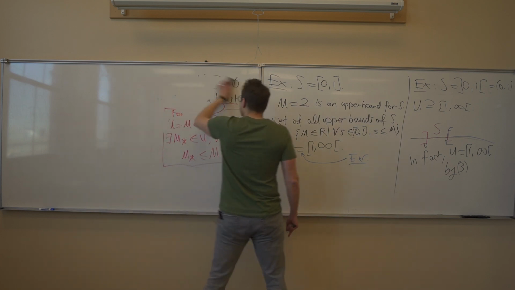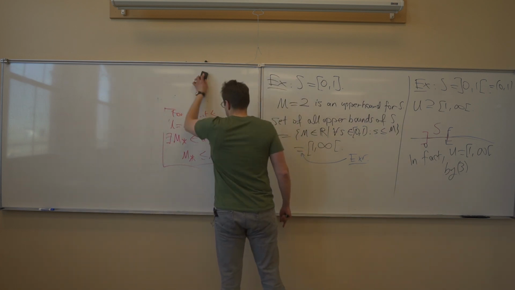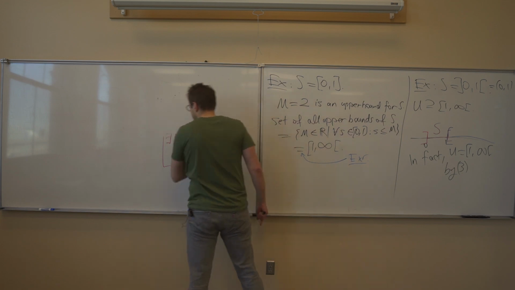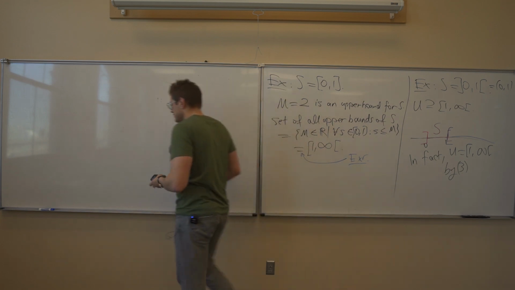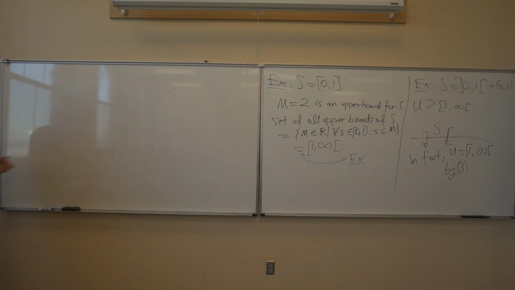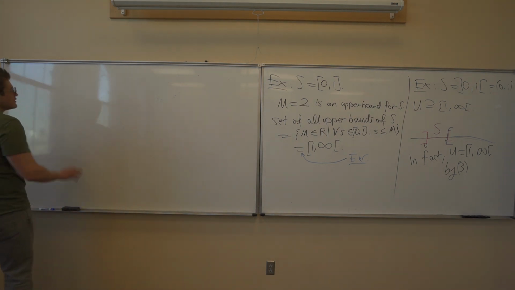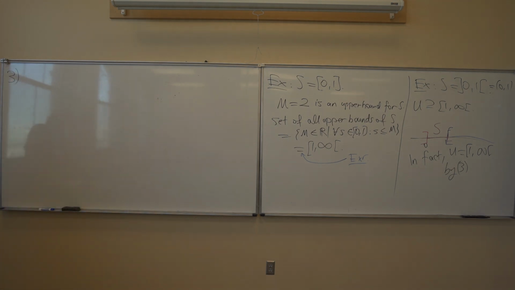Because I'm not spending time on this construction business, I think it's better to just take these things as axioms. Then when you learn everything, and if you have some extra time, you can go back and see how things are done in a more proper fashion. So 3, the Archimedean property.